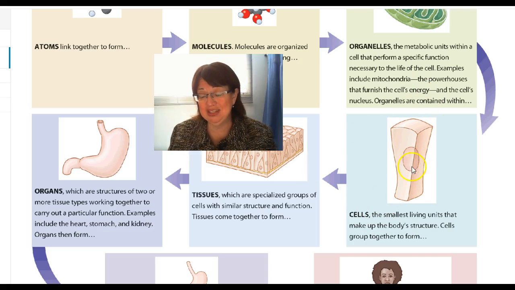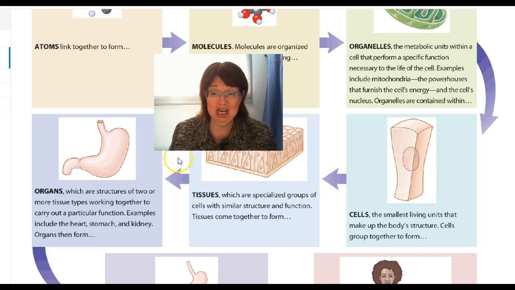So if we go to cells, here we have a columnar cell. Here it's called pseudocolumnar, and then they will go together to form, it's more in the esophagus than the stomach, but cells work together to form tissues. Tissues work together to form organs.